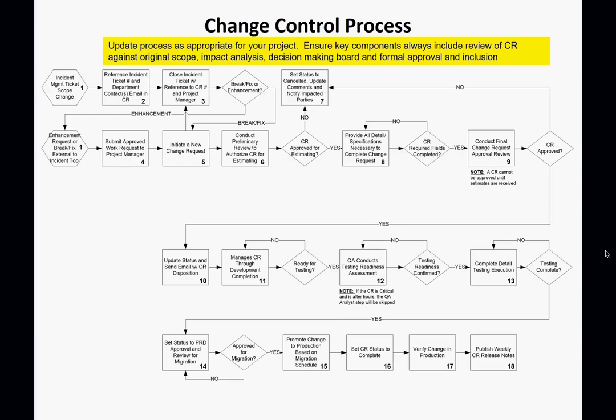From the change request, we send the number to the project manager, saying break, fix, or enhancement. What is this change about? Do you want to break, fix, or enhance something? Oh, it's an enhancement change request. Submit the approved work request to the project manager. When you submit this, the project manager now initiates a formal change request.